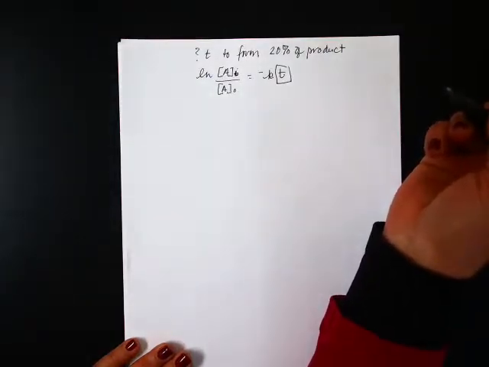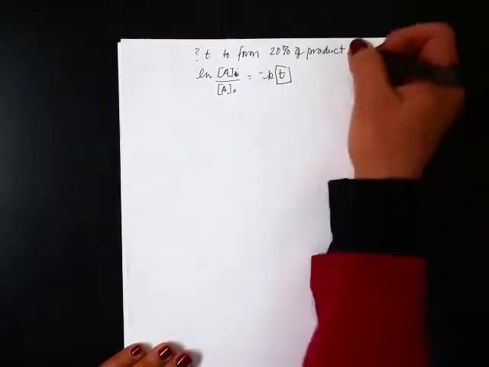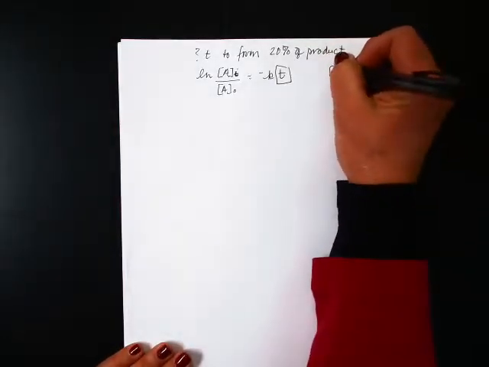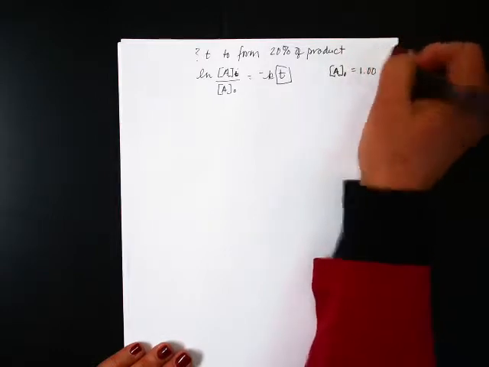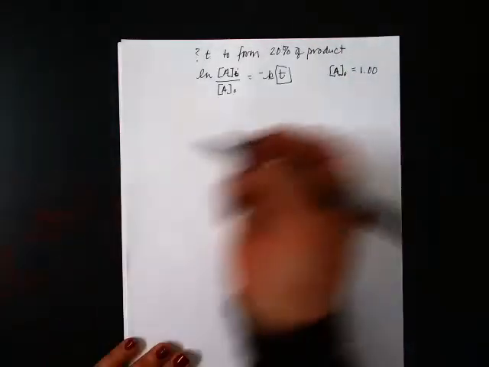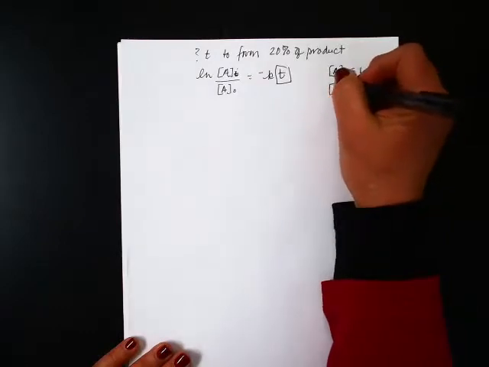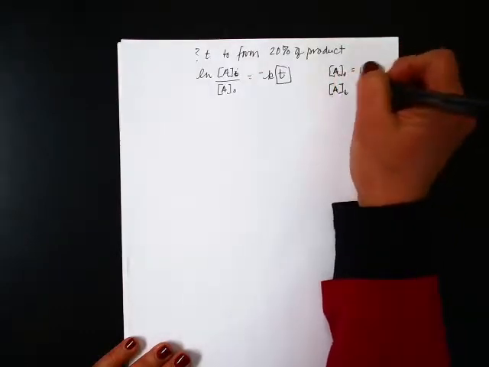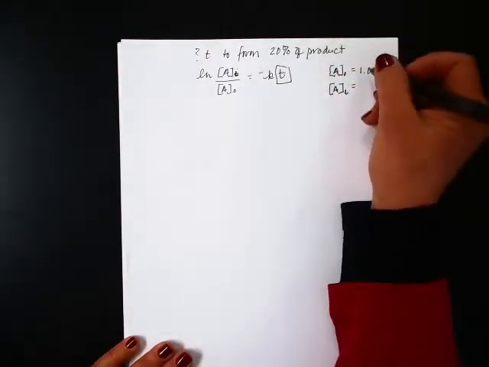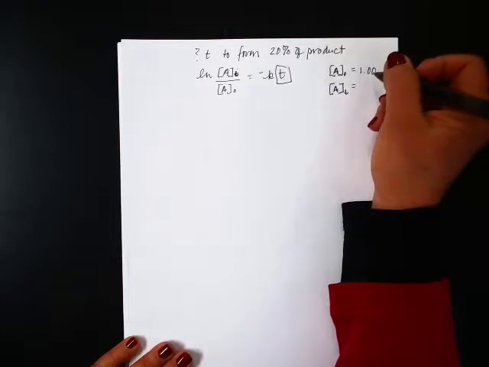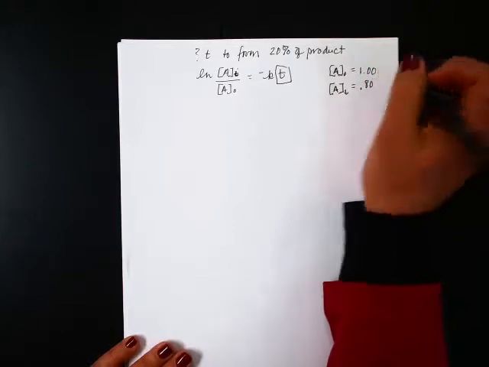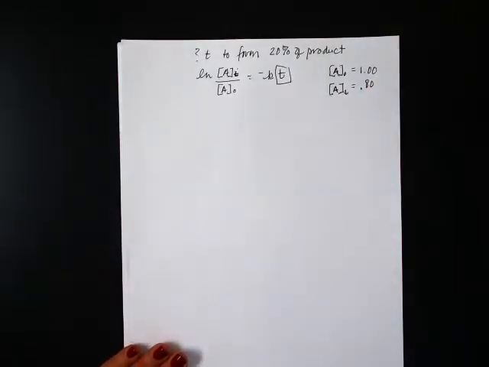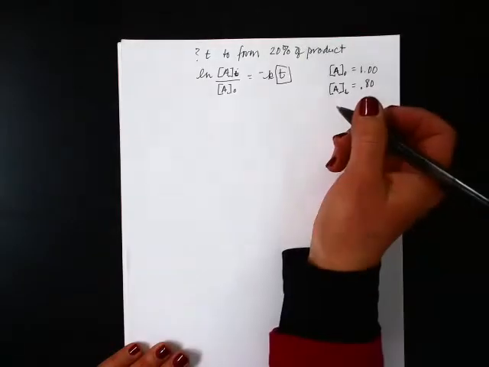So concentration of A naught, I am going to say is 1, or it could be 100. And at time t, we have converted 20% of A to product. So we have 0.80 left of A.